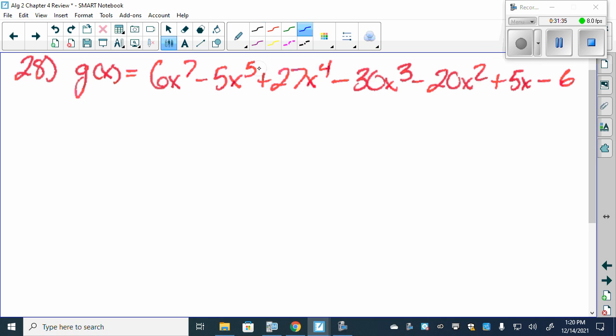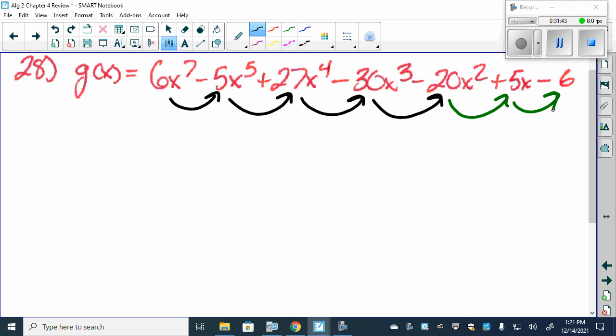So if we look at this here and count the number of sign changes from just our given function, from x to the 7th to x to the 5th, we do have 1. X to the 5th to x to the 4th, we do have 2. From our 4th to the 3rd, we would have a third one because it's changing sign. From x cubed to x squared, we don't because the sign stayed the same.